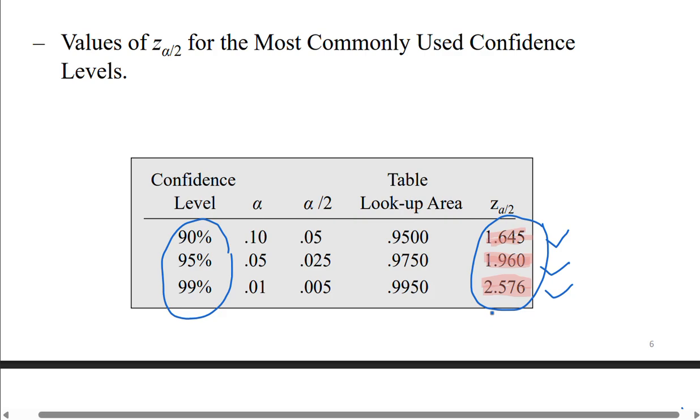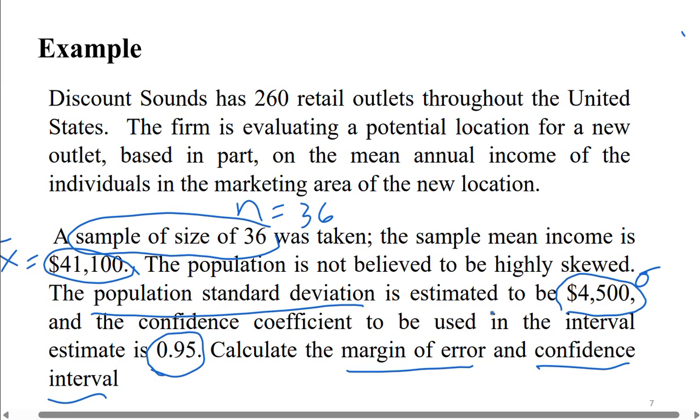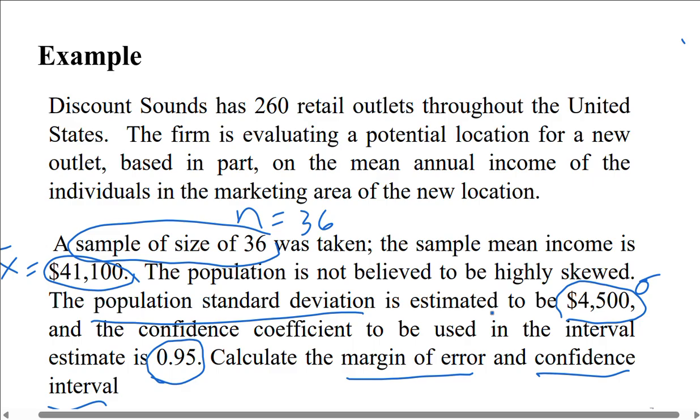2.576. And so let's take a look at a quick example on how to estimate a confidence interval using the formula we just discussed. Discount Sounds has 260 retail outlets throughout the United States. The firm is evaluating a potential location for a new outlet based in part on the mean annual income of the individuals in the marketing area of the new location.